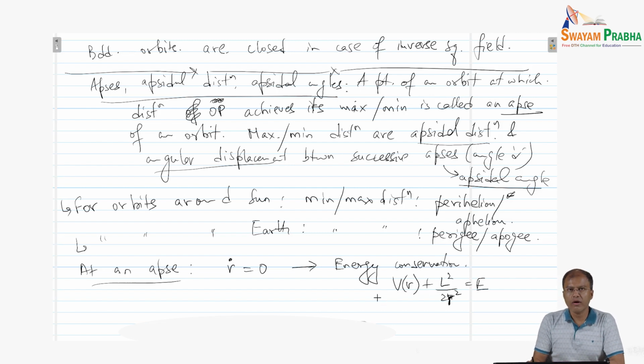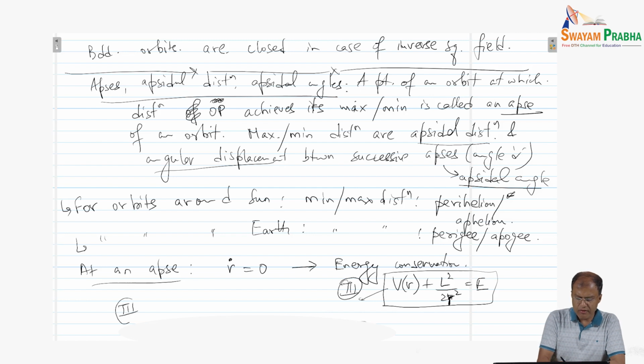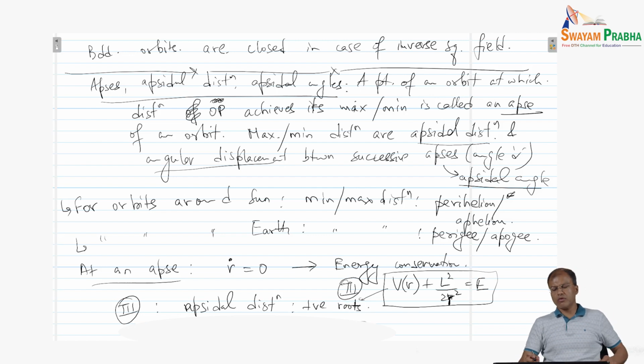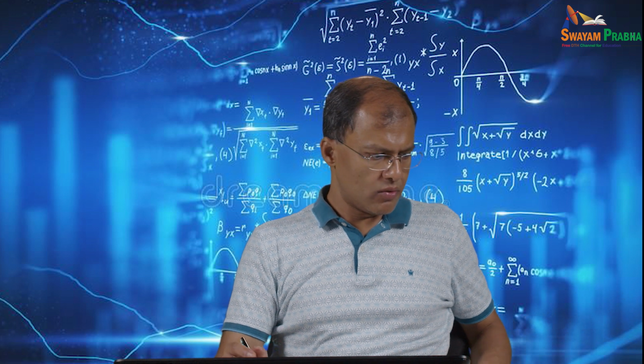Since there is no radial kinetic energy at the apse, the total potential energy is equal to the total energy of the system. Let me call this equation number 3. So 3 provides us the apsidal distances, which are the positive roots of 3. So we solve equation number 3 to get the apsidal distances, the positive roots.